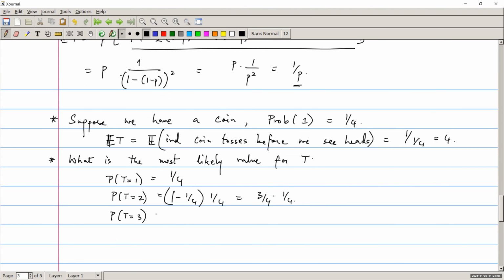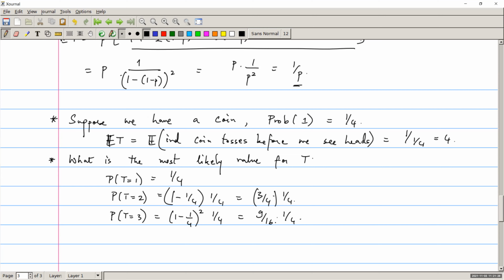What's the probability t equals 3? Right, so 1 minus 1 over 4, squared, times 1 over 4. This is 9 over 16 of 1/4, and so on. But all these numbers are less than 1/4, right?